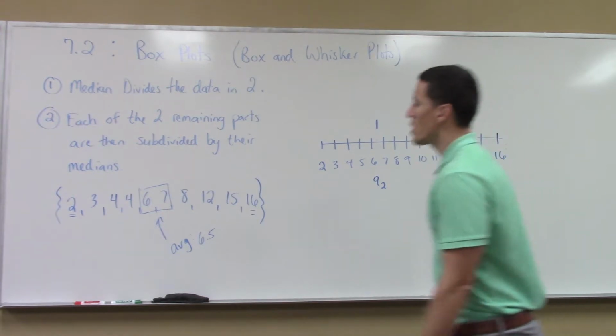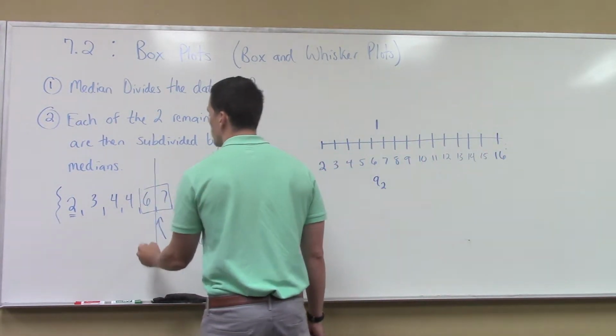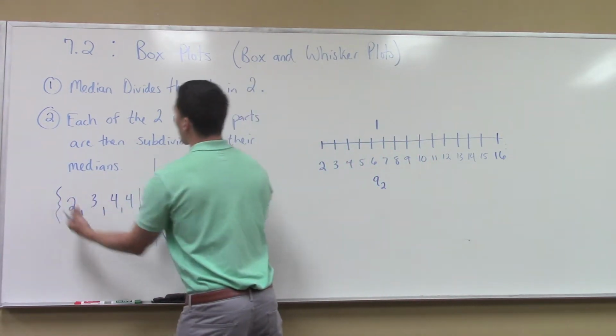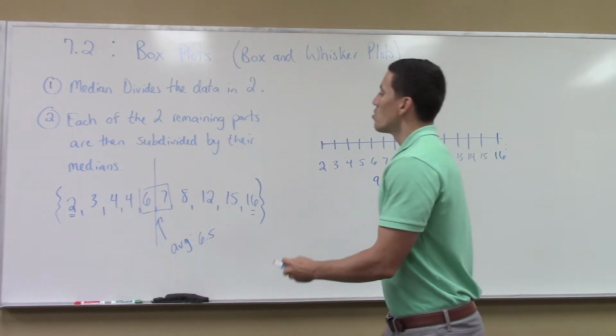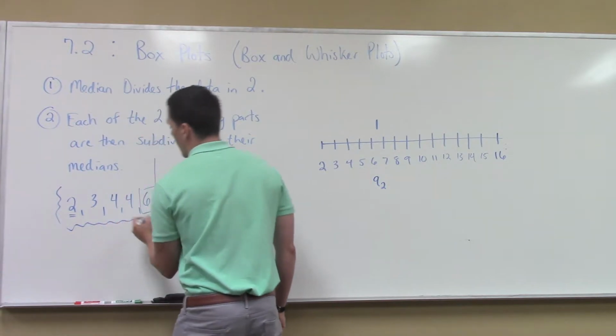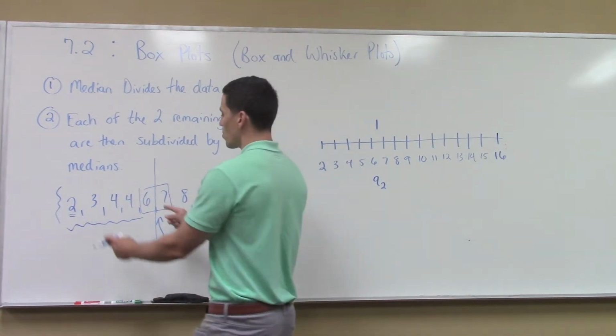Once I've established that, I've divided my data into two parts, and I'm now going to take each of those two remaining parts and find their medians. If I start with the lower remaining part of data, finding the median of that is pretty simple because there's an odd number.